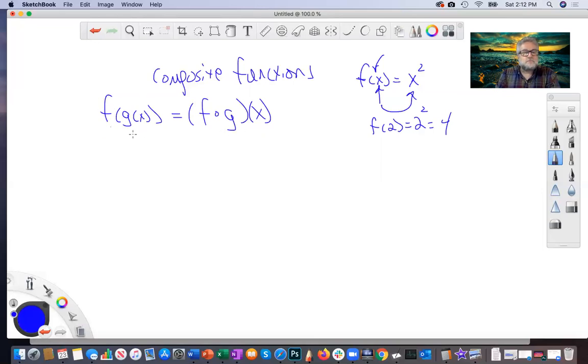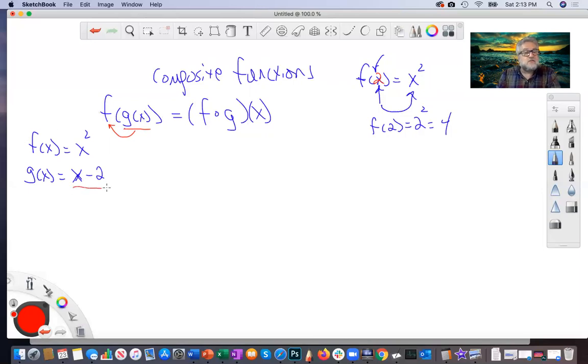I like this one. So if I have f of x equals x squared and g of x equals x minus 2, well, this says take what's in parentheses here and plug it into f wherever you see an x. That's what it says over here. If I put a 2 in here, plug in 2 everywhere you see an x. So over here, the thing I'm going to plug into the function f is the function g.